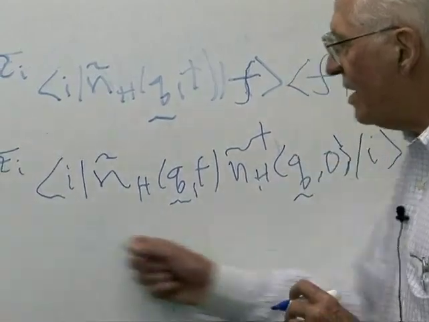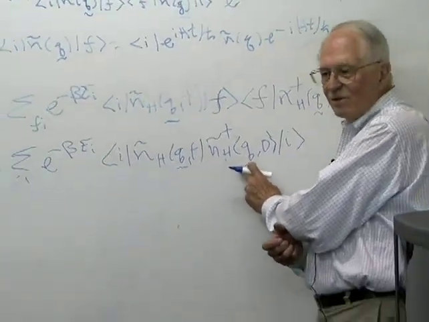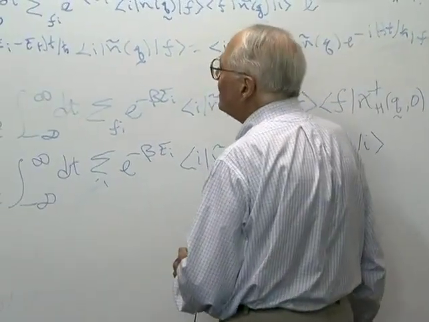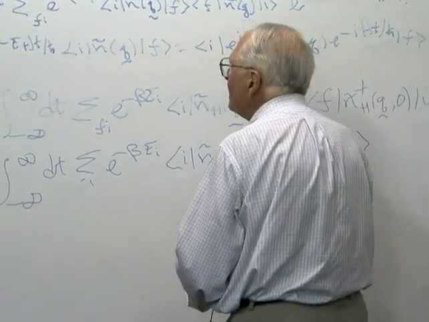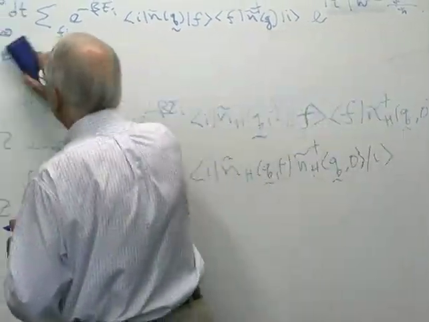And this is just the ensemble average of these two operators with a thermal ensemble. And so finally, the whole point of this is that at the end of the day, I can rewrite my original expression in the following form.